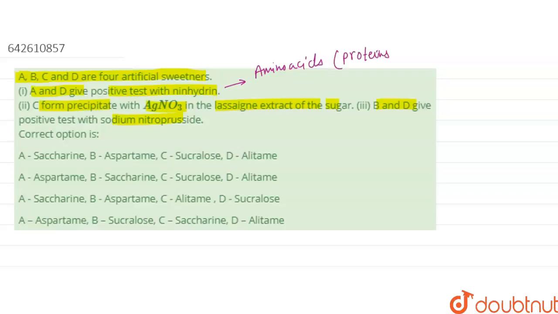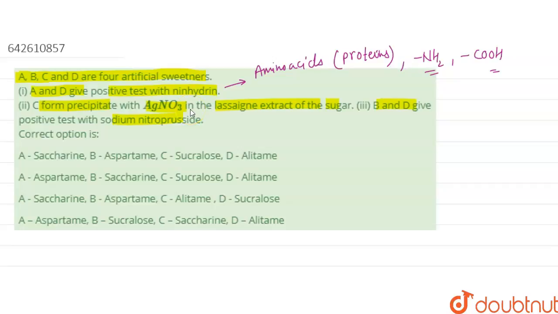So if an NH2 group and COOH group is present in A and D, then it will give the positive test with ninhydrin. Now C forms precipitate with AgNO3 in the Lassaigne test extract of the sugar.